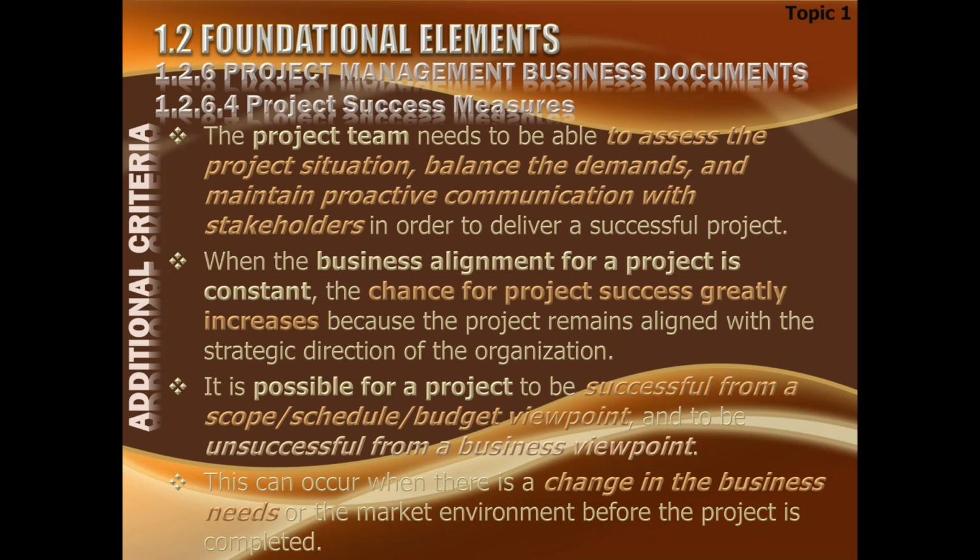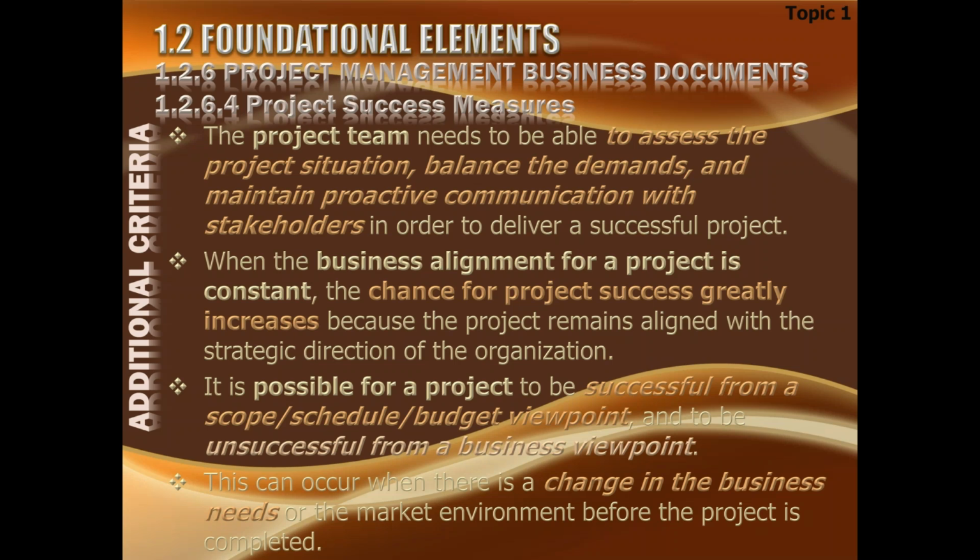So when business alignment for a project is constant, the chance for project success greatly increases because the project remains aligned with the strategic direction of the organization. So if the alignment is there, then everything is okay. It is possible for a project to be successful from a scope, schedule, and budget viewpoint, and to be unsuccessful from a business viewpoint.